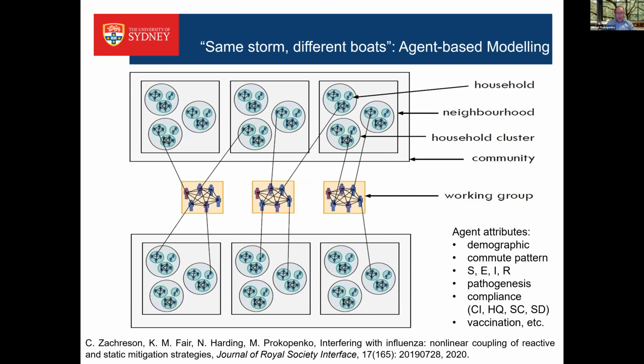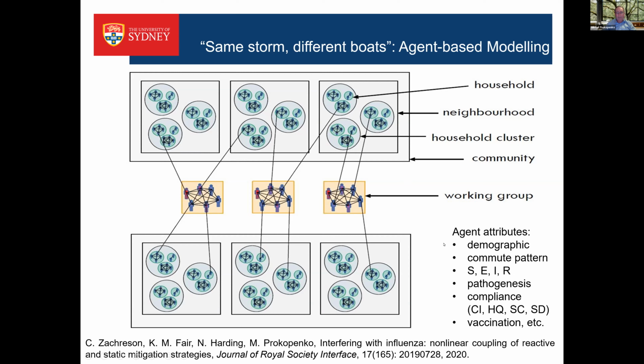So I did mention this household or different mixing contexts in terms of household composition, and you see it slightly better here. But I would say that each of the dots here, each agent, is modeled in terms of its demographic attributes, its commute pattern, like this agent might work in this area, and this agent from the same neighborhood might work in another working area, another destination zone.